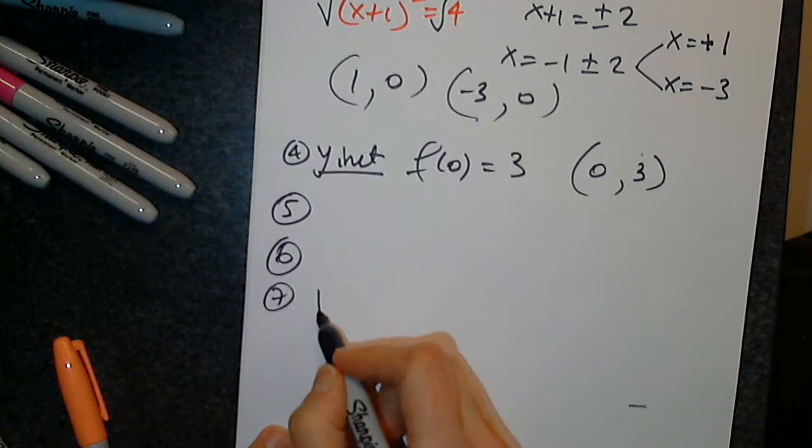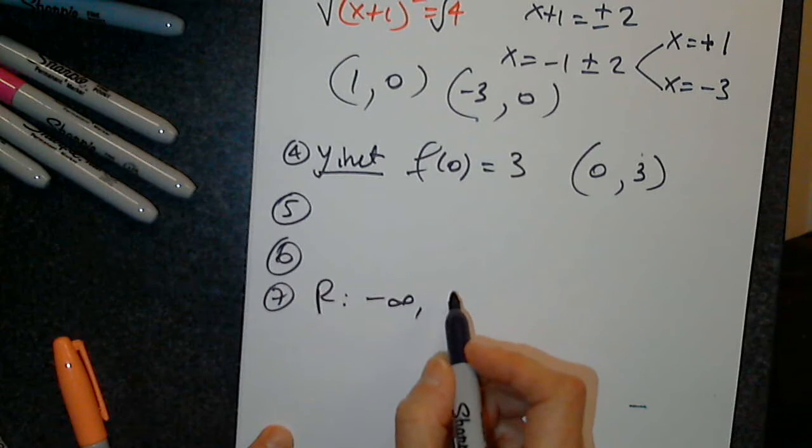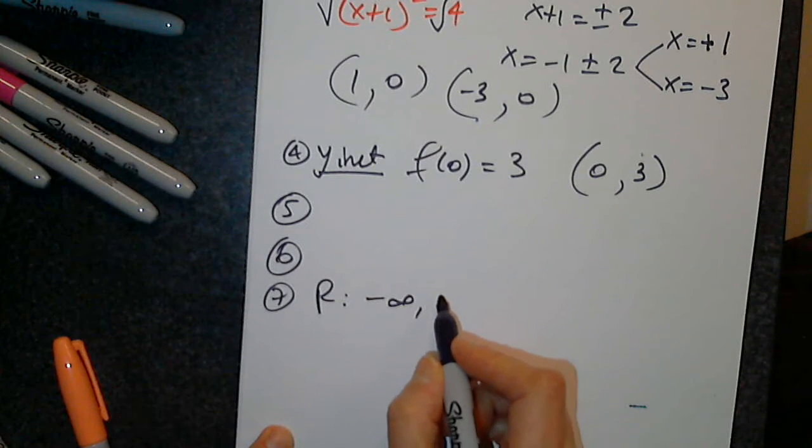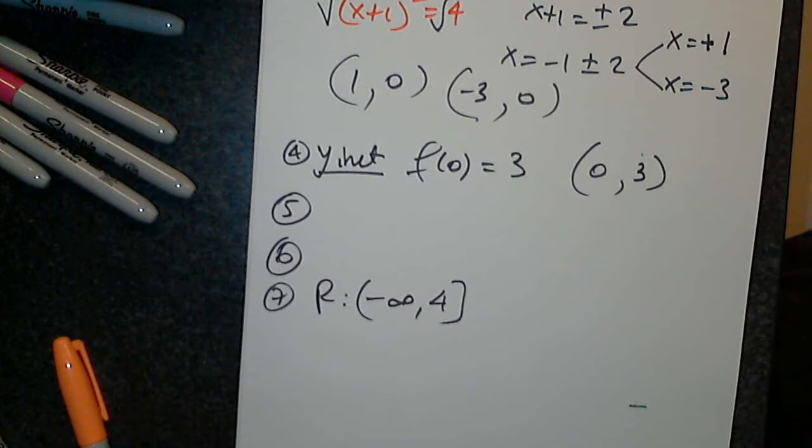Okay, 5 and 6 and 7. You already gave me the range. You said negative infinity to 4, right? Yes. Good. Axis of symmetry, please. What is the axis of symmetry? I'm not talking about odd and even functions. I'm talking about the axis of symmetry characteristic to any parabola.